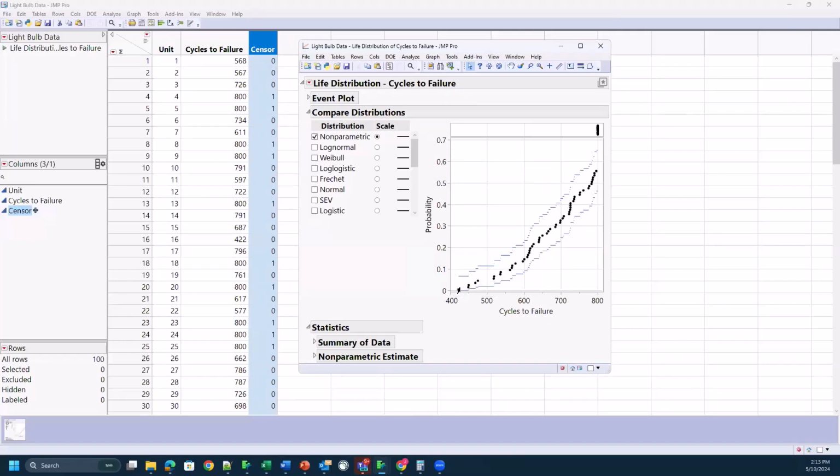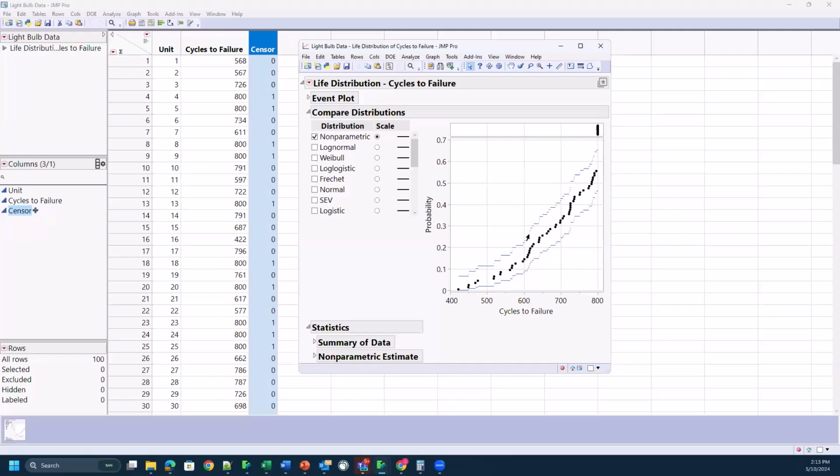One bulb down here at row 16 failed after almost 400 cycles or so, 422 cycles, and so forth. Every one of these is a bulb. These up here, this little blob of points that are all laying on top of each other, are all of the censored bulbs. So they made it out here to 800 cycles, and they had not failed yet.